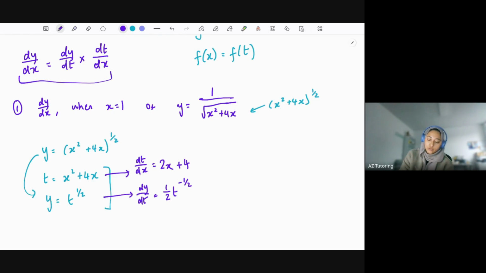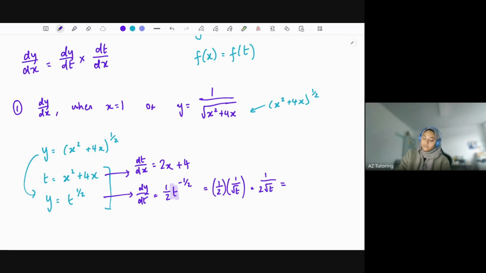Now we just need to substitute into here, but before doing that, we need to get rid of anywhere where there's t inside these new differential equations, and it's right here. I don't want that t there because my original is going to be just in terms of x, because it's dy over dx. So all I need to do is change that substitution. I can rewrite that first. I can say a half times 1 over t to the power of a half, which is just square root t. So that just becomes 1 over 2 root t.